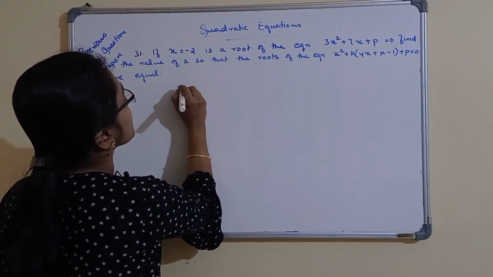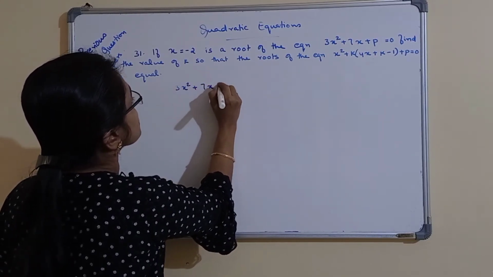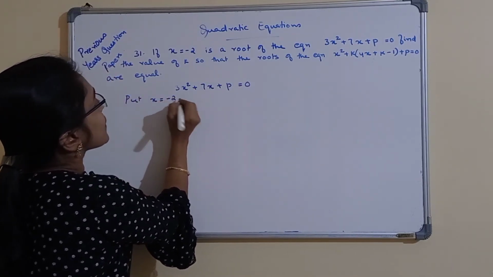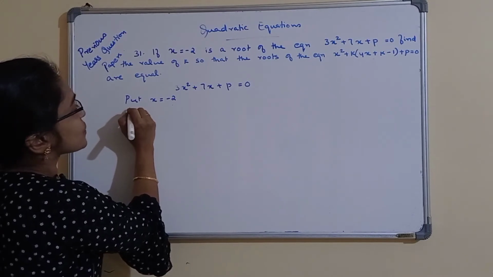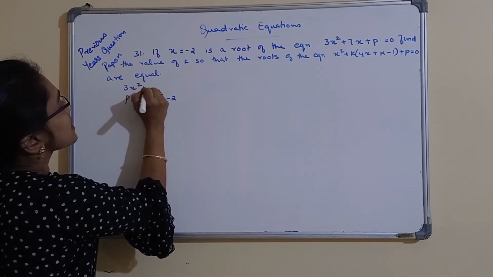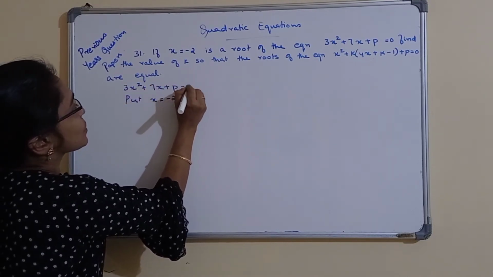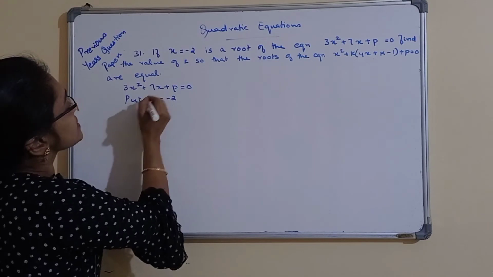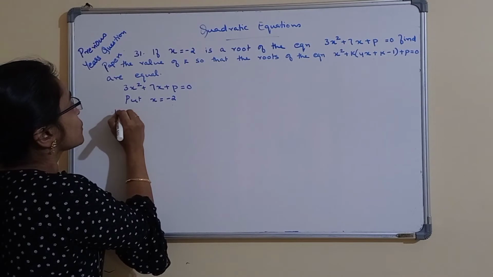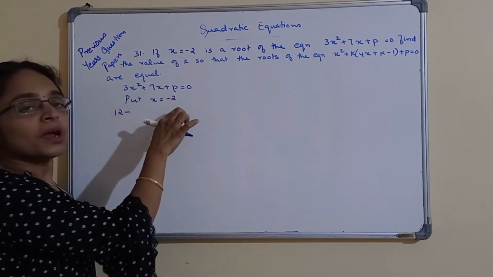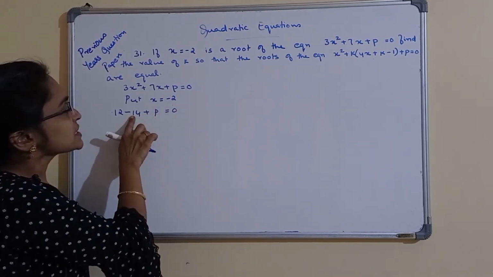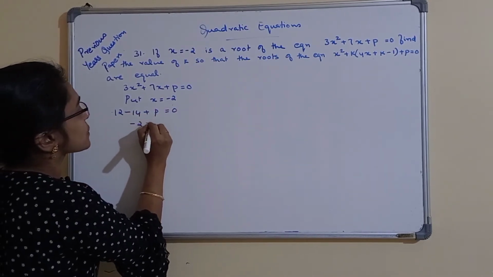So 3x square plus 7x plus p equal to 0. Put x equal to minus 2. So 3 into minus 2 square is 3 into 4, that is 12, plus 7 into minus 2 is minus 14, plus p equal to 0, which means minus 2 plus p equal to 0.